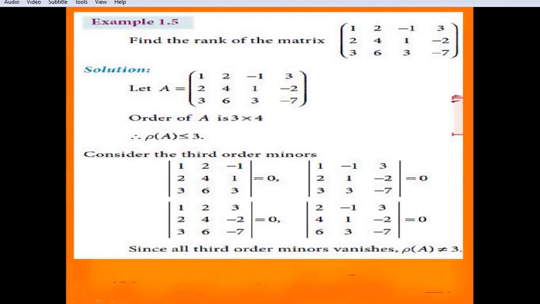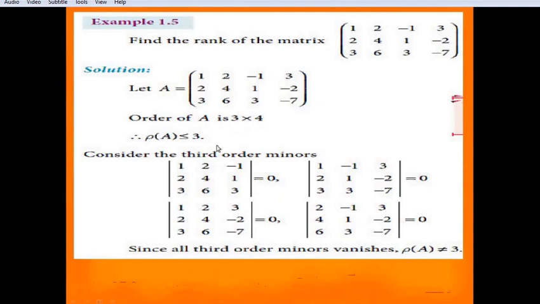See example 1.5. Find the rank of the given matrix. It is a 3 by 4 matrix. If we assume the given matrix as A, and the order is 3 by 4, its rank may be less than or equal to 3, because in 3 by 4, 3 is the minimum one.